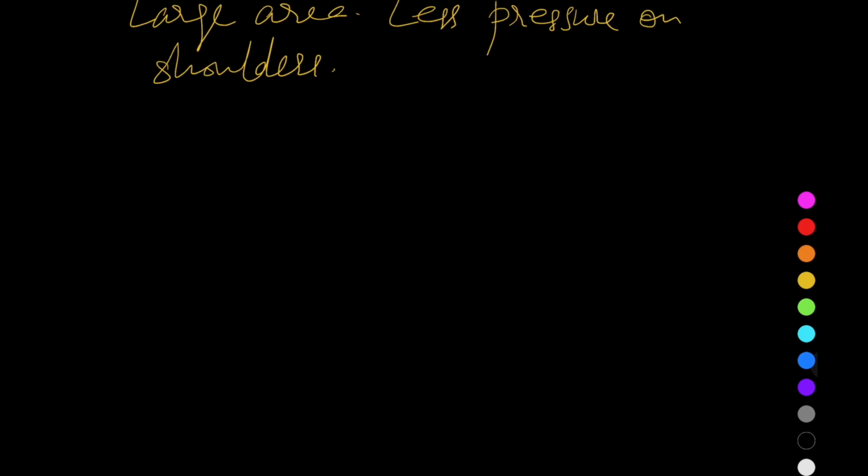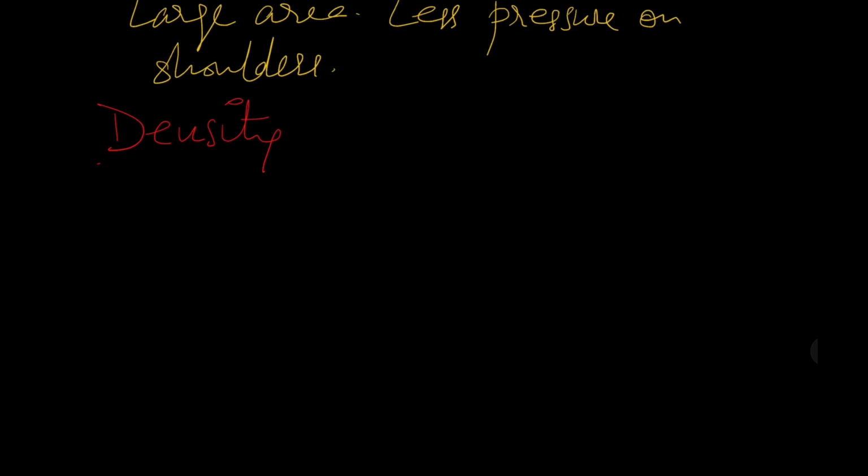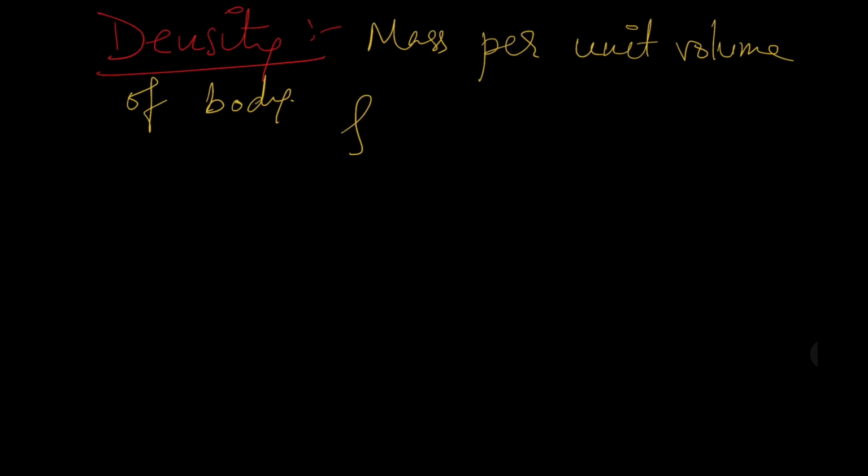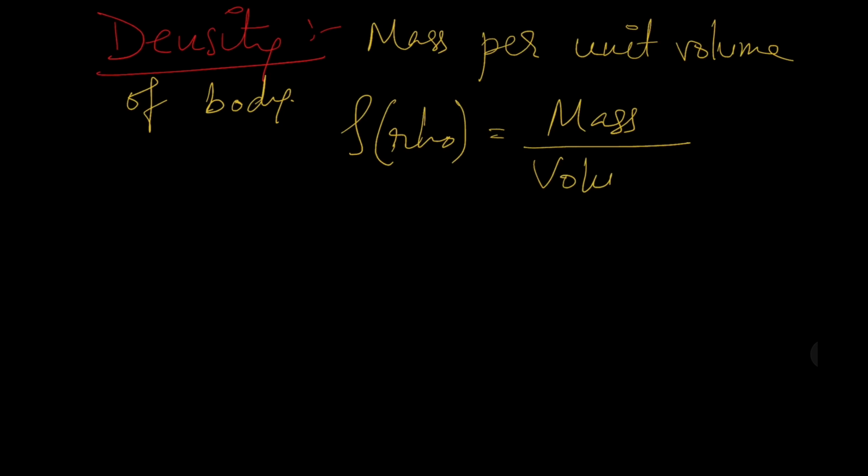Now, after the applications, we move on to density. Density is defined as the mass per unit volume of a body, where the formula for density, given by rho, is equal to mass upon volume, or rho equals m upon v.